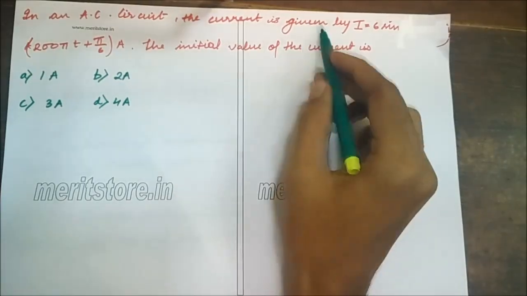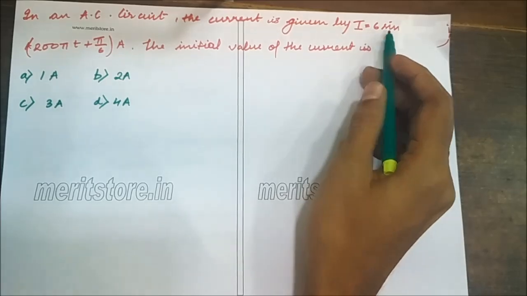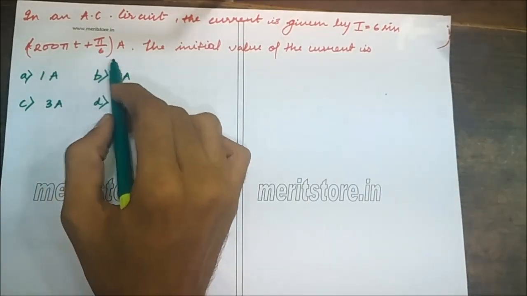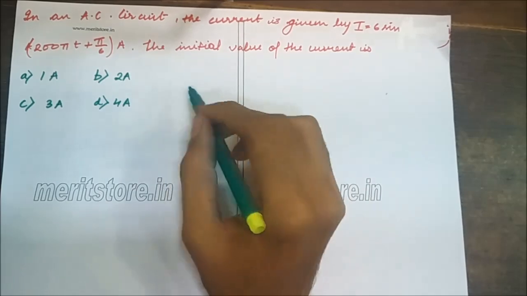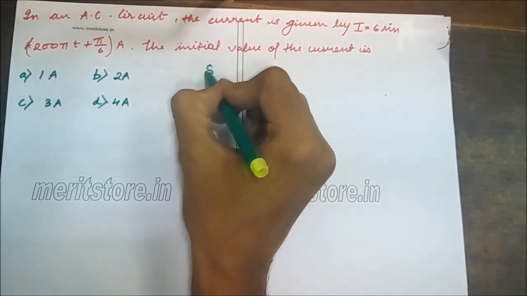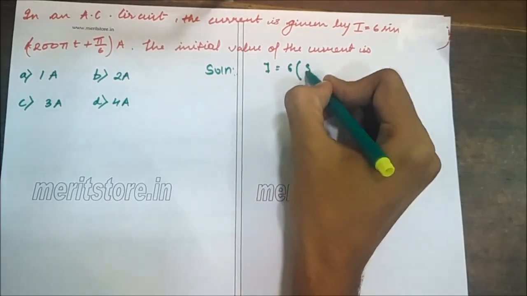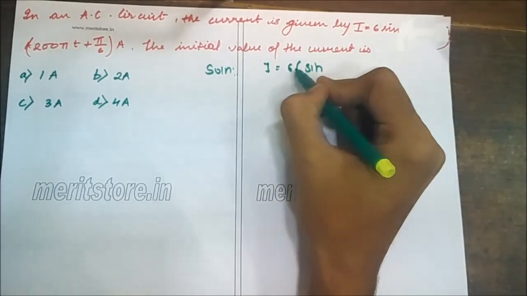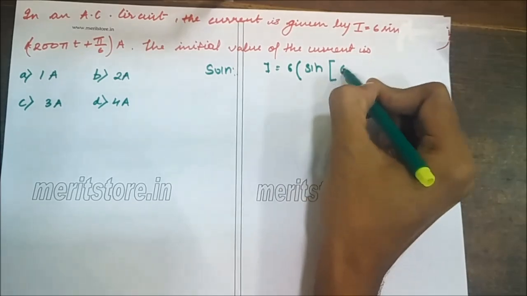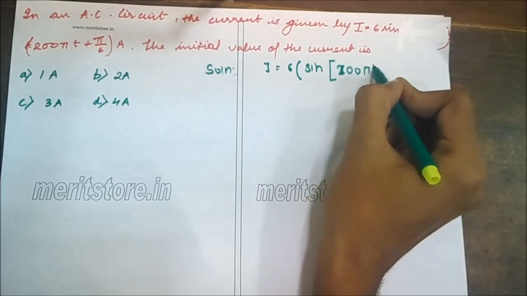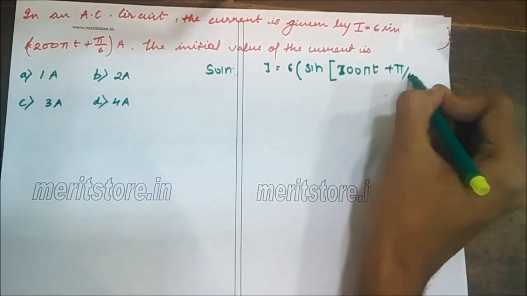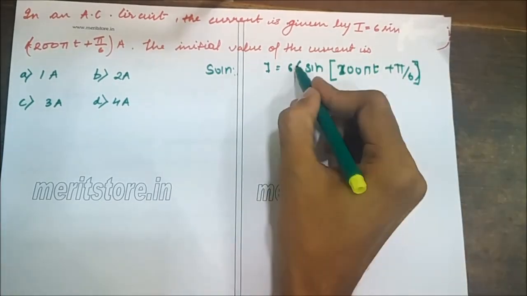In an AC circuit, the current is given by I equals 6 sin 200 pi t plus pi by 6 amps. The initial value of the current is 1 amp, 2 amps, 3 amps, or 4 amps.